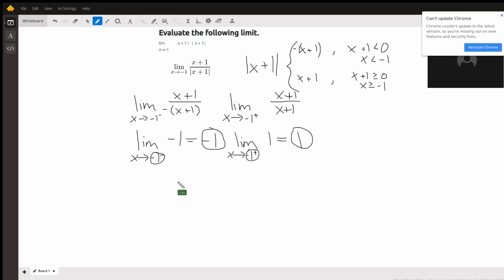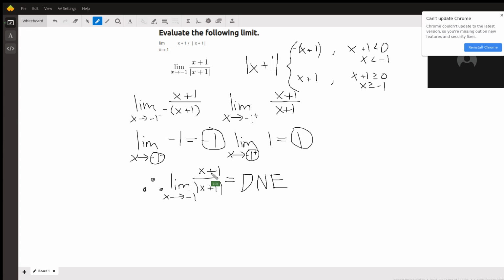And so therefore, the limit as x approaches -1 of x plus 1 over the absolute value of x plus 1 does not exist.